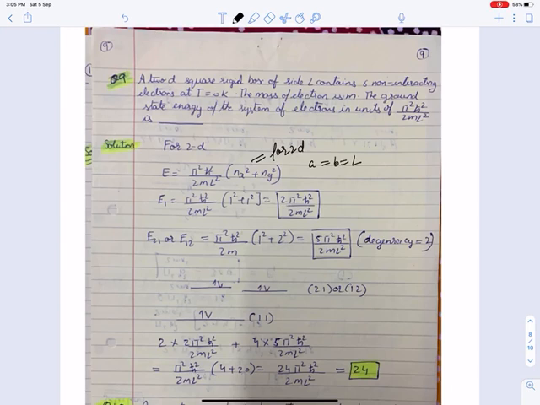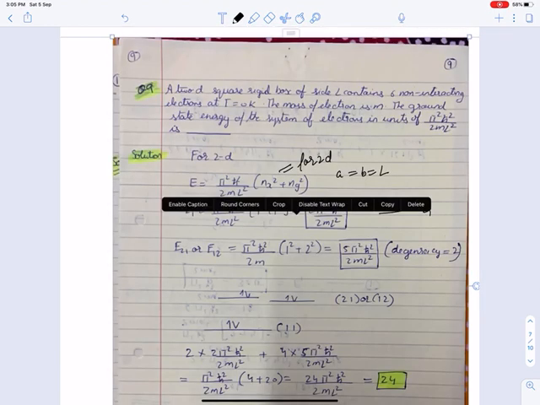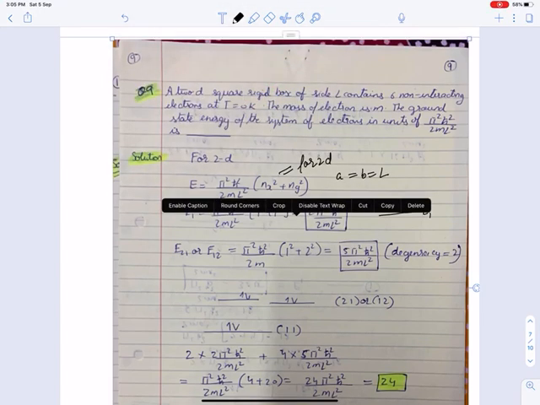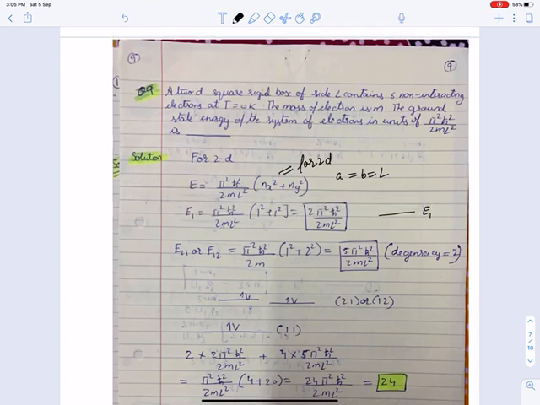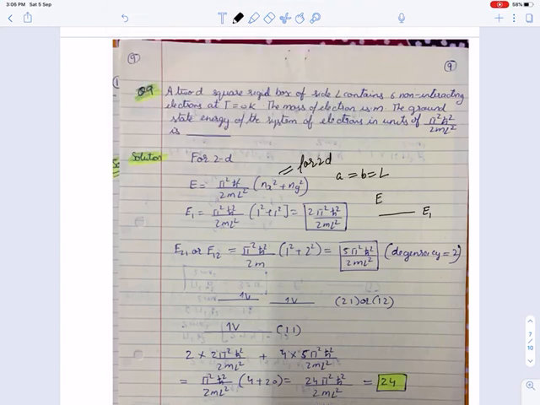Now E12 or E21, because I told you that the ground state will be E1, and the next are 2 states, that is 1 comma 2 and 2 comma 1.